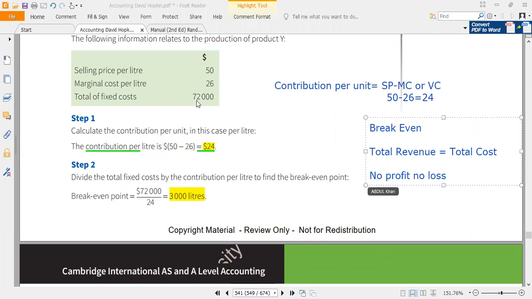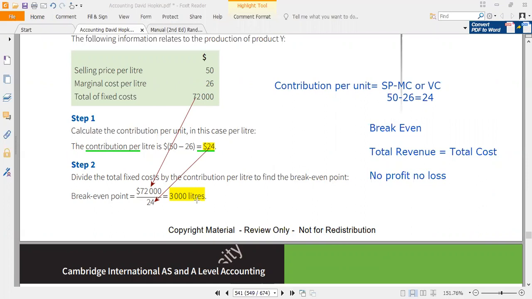The fixed cost is 72,000, and the contribution per unit is 24. When you divide 72,000 by 24, you will get 3,000 liters. That is the break-even point.